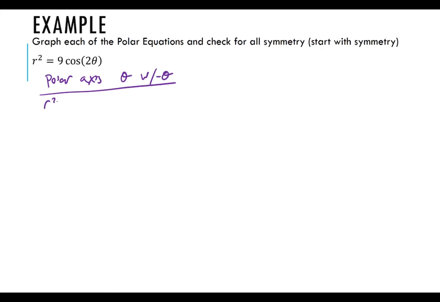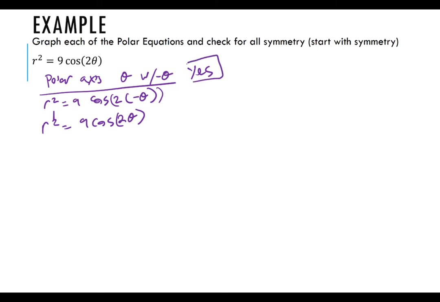So that is r squared is equal to 9 cosine of 2 times negative theta. Well, cosine is an even function, so r squared is equal to 9 cosine of positive 2 theta. So, yes, polar axis symmetric.